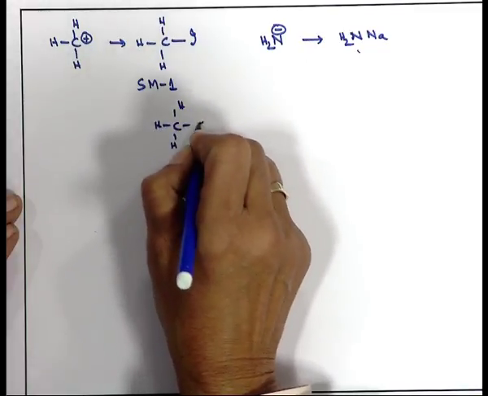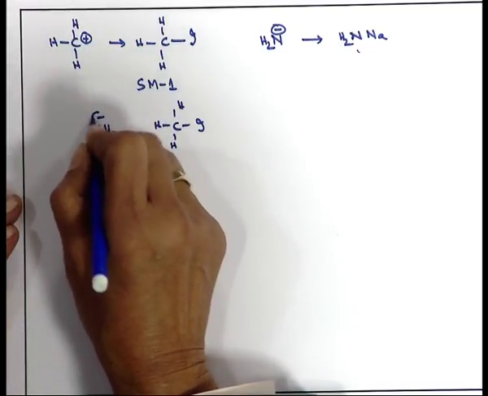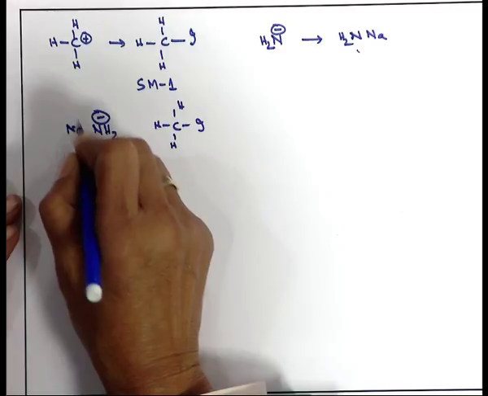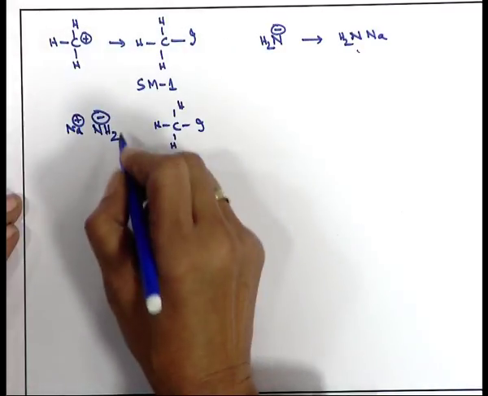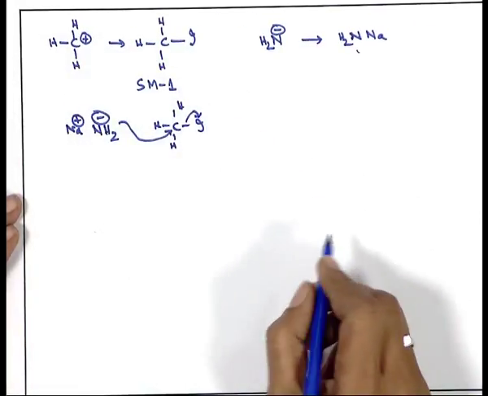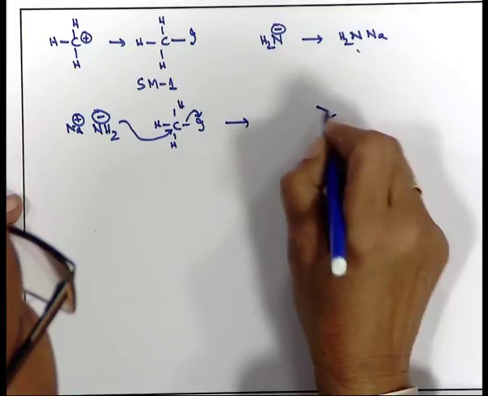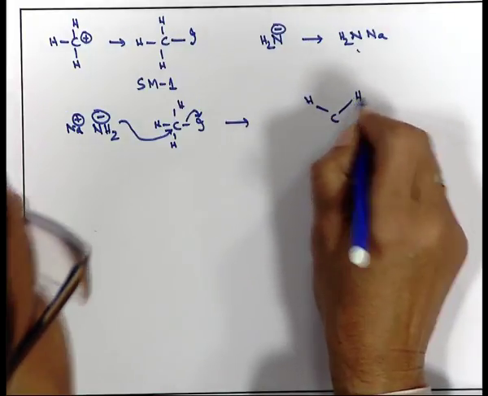methyl iodide will react with NH2 minus, the counter ion is Na plus. So, this will attack this carbon and the carbon iodine bond will break. So, we will get some sort of transition state.